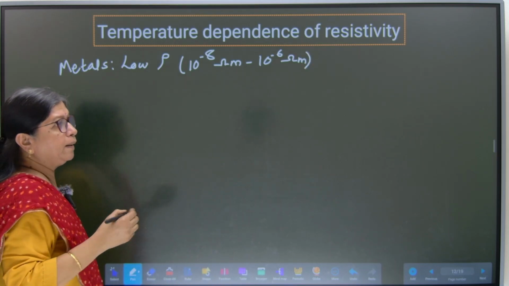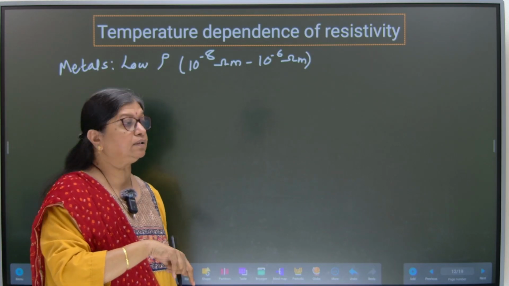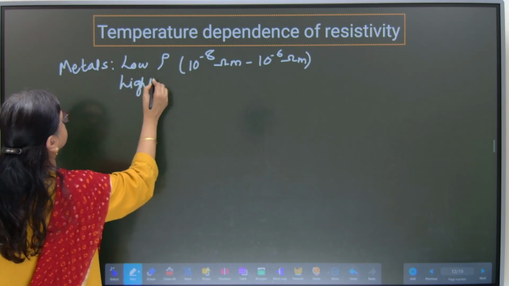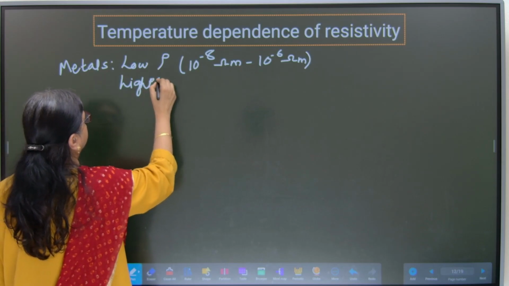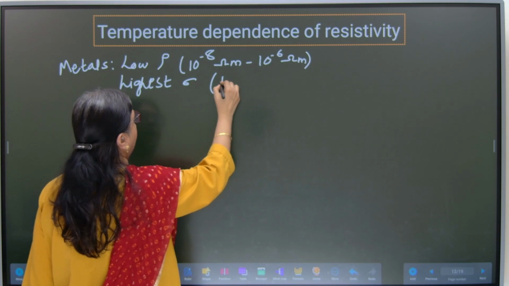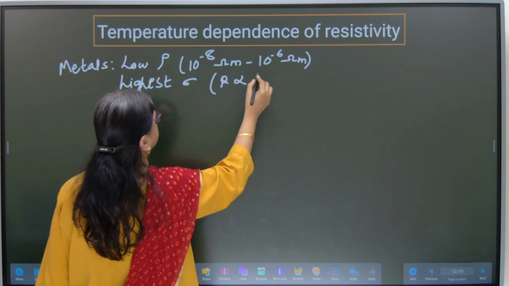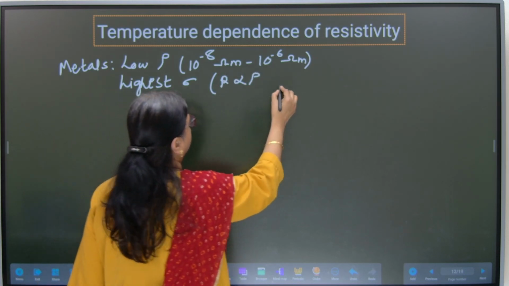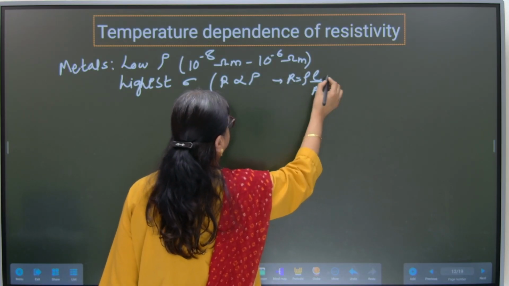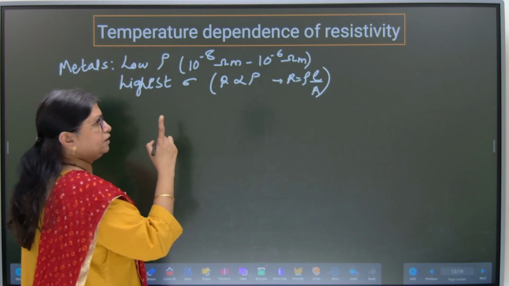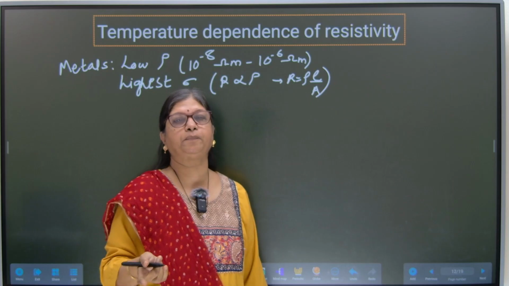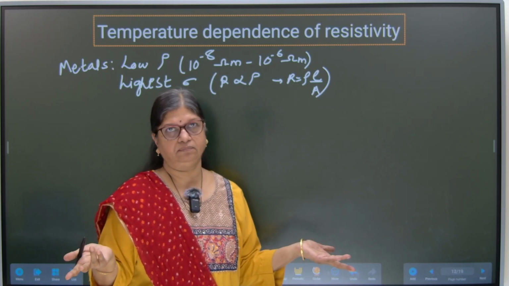Fine. So because the metals have lowest resistivity, they have the highest conductivity. R is proportional to rho, from the formula R is equal to rho L upon A. So if R is proportional to rho, then R is inversely proportional to conductivity.